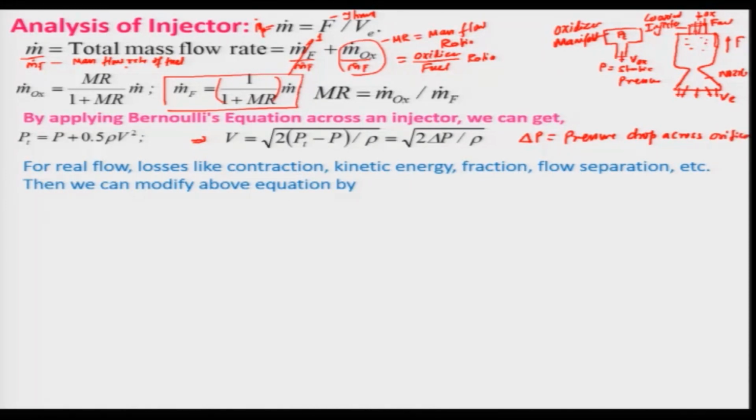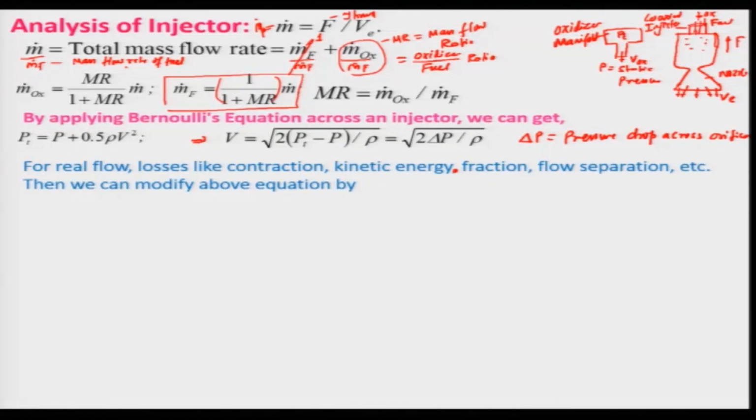And for real flow, losses like contraction, kinetic energy losses and flow separation can occur, because this is an ideal equation, and Bernoulli assumes there is no viscosity and no separation.